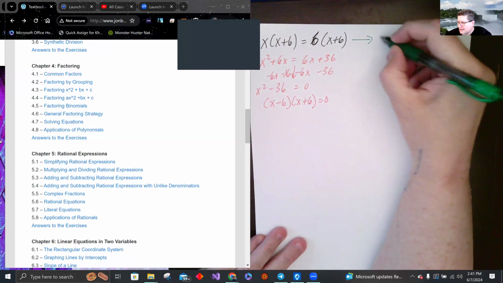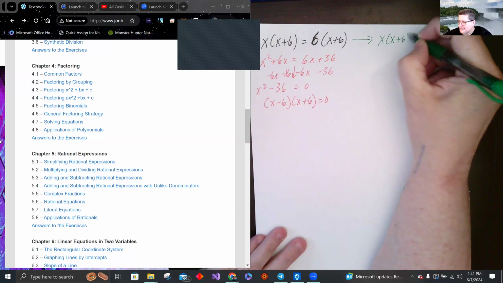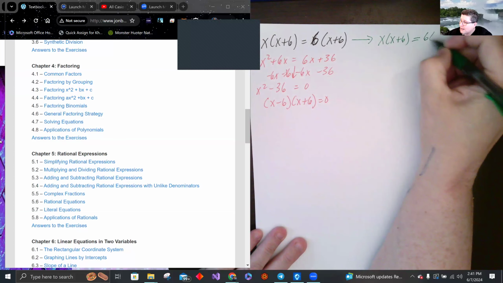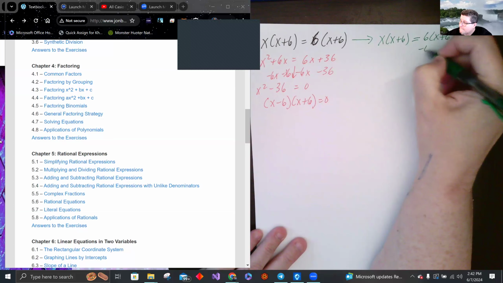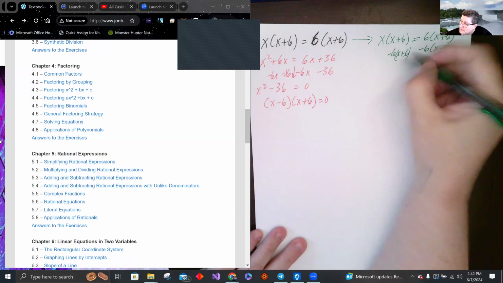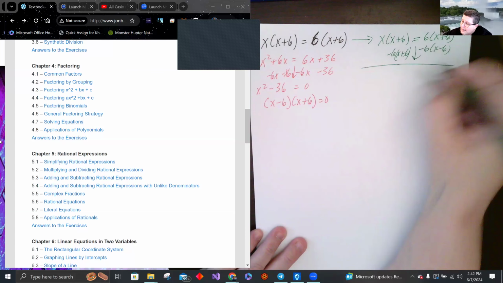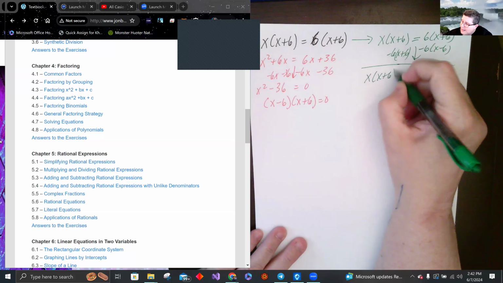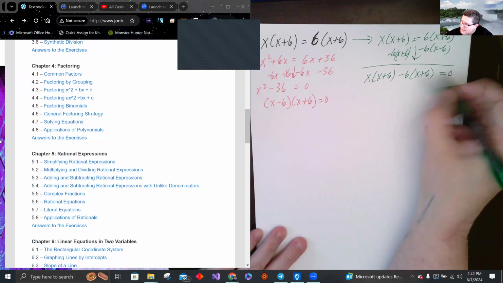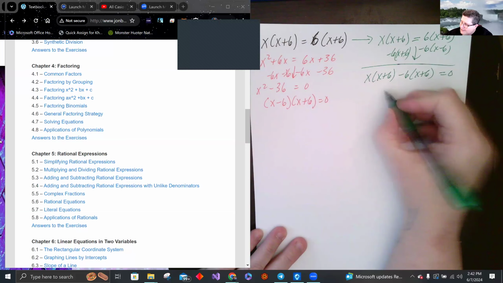The other option is to subtract the 6 times x plus 6 from both sides right away. And I have x times x plus 6 minus 6 times x plus 6 equals 0. It's got a common factor of x plus 6.